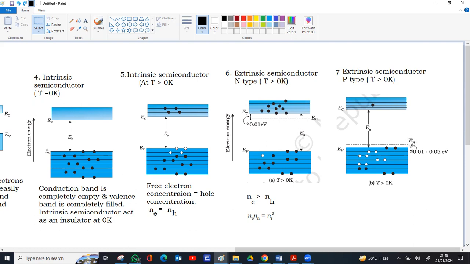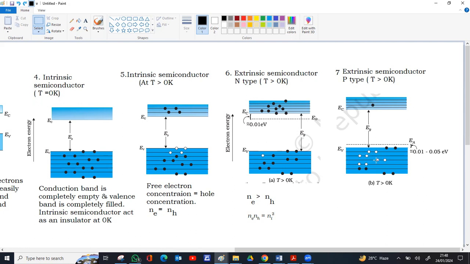The group 13 atoms demand 1 electron for completing the bond formation. So these atoms accept 1 electron from the valence band of silicon. So out of these 8 holes, 7 holes are formed due to electrons lost from valence band into the group 13 atom for completing the bond formation. Only 1 electron is excited to the conduction band.